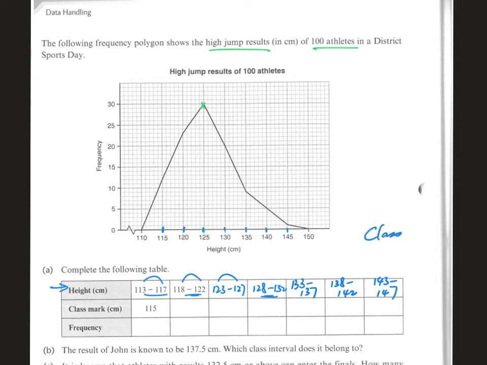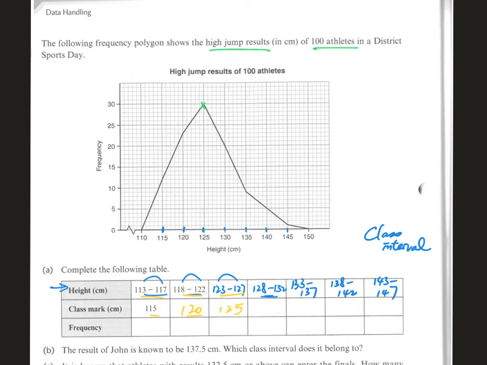Remember, it's the class interval, which is talking about the height. And the class mark should be the middle number in this group. So the middle number of this group, can you use a calculator to check it? Yes, 120. Next one, can you check it as well? Yes, 125.